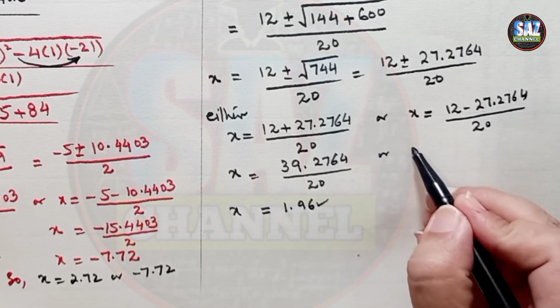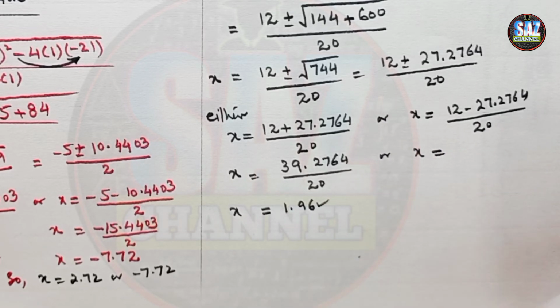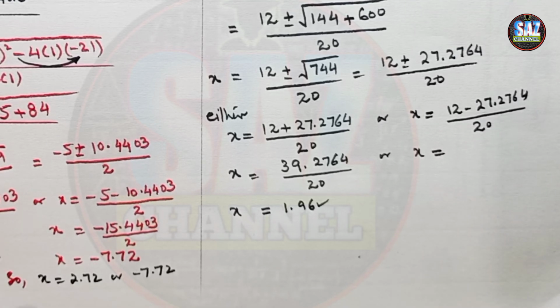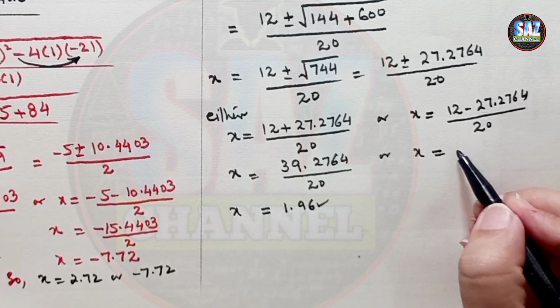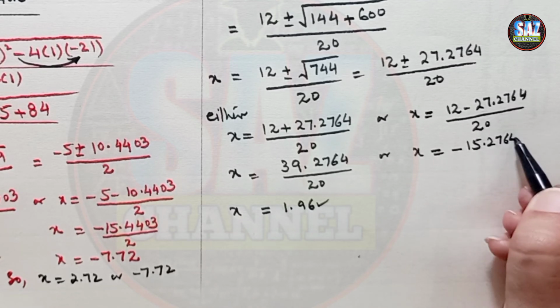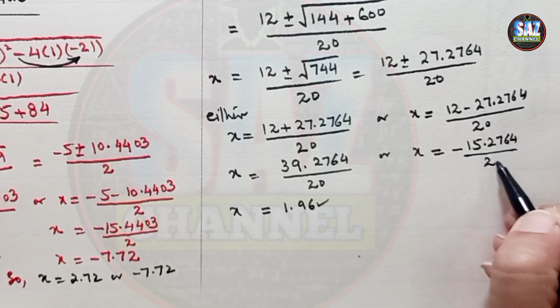Coming to the second part, here I have to take away 12 from 27.2764, and this gives me minus 15.2764 by 20.